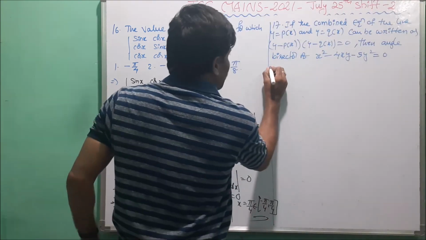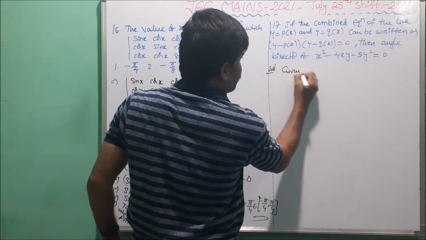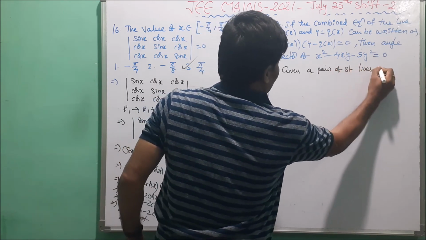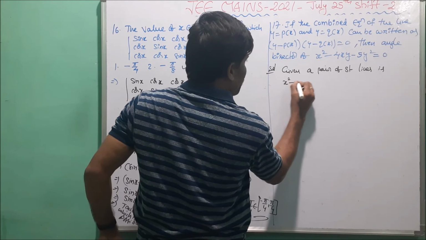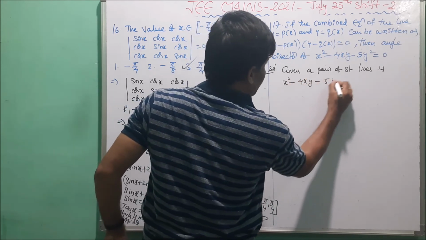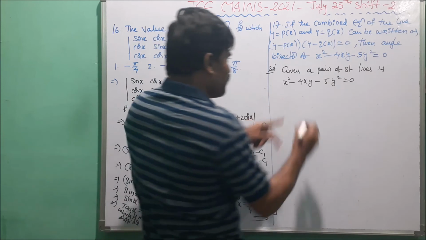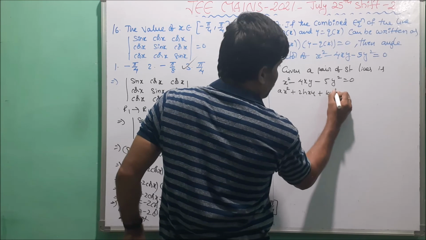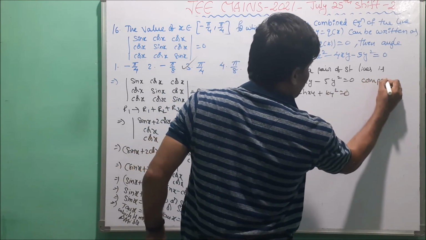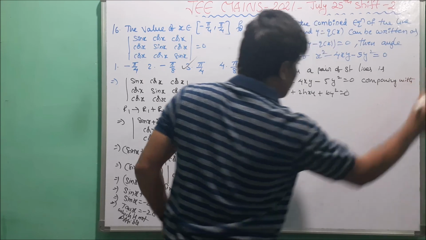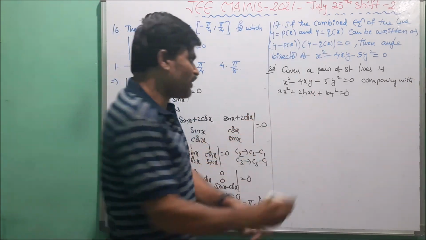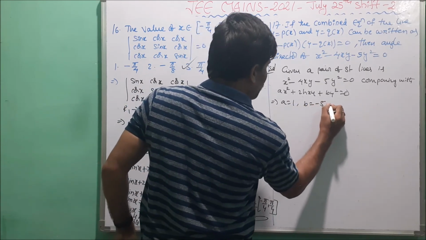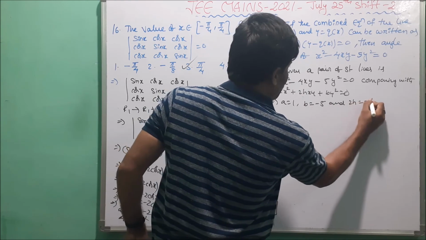Now here we take the given pair of straight lines: x square minus 4xy minus 5y square equal to 0. Comparing with ax square plus 2hxy plus by square equal to 0, we write a equal to 1, b equal to minus 5 and 2h equal to minus 4.